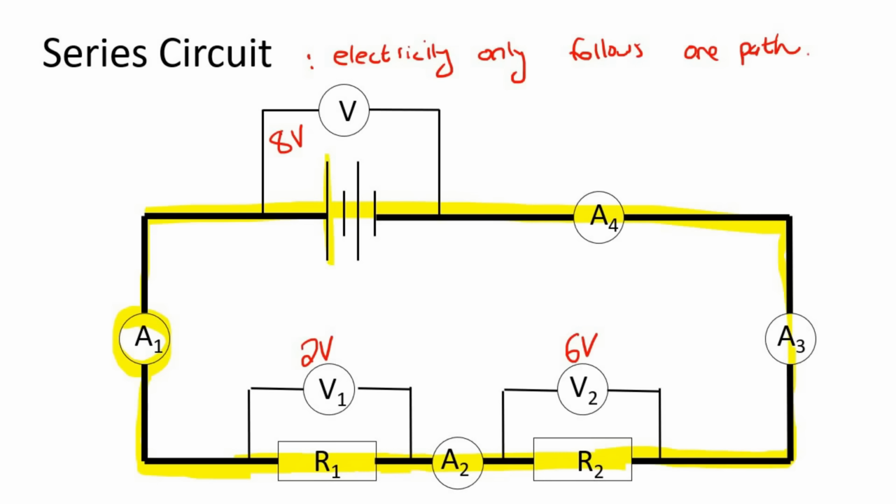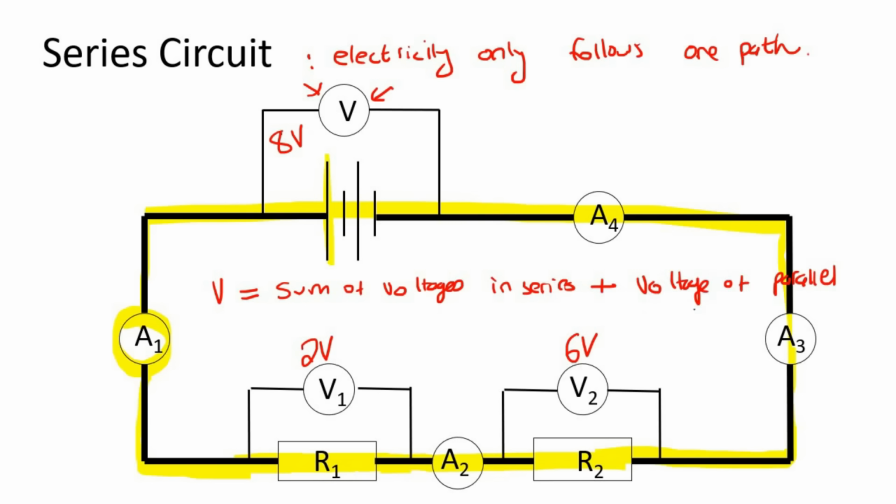Okay, so to calculate this voltage value, well, there is a formula that I want you to look at. The voltage value, or V, is going to be equal to the sum of voltages in series, plus, and then I'm just going to say voltage of parallel branches.